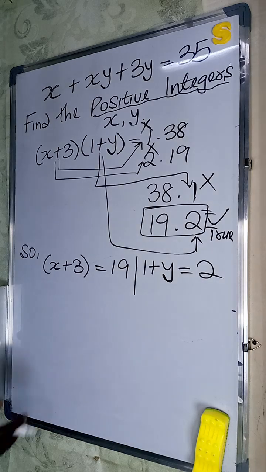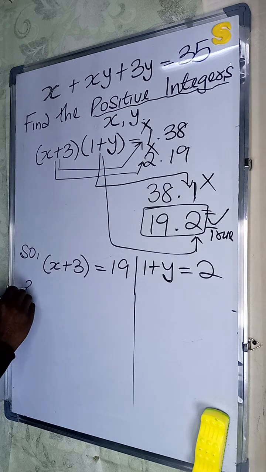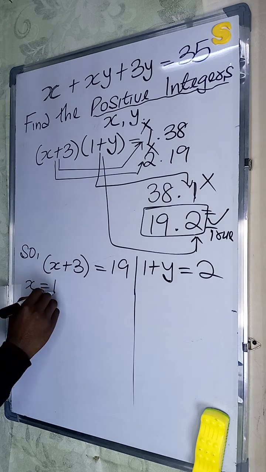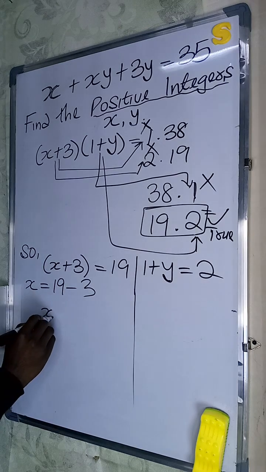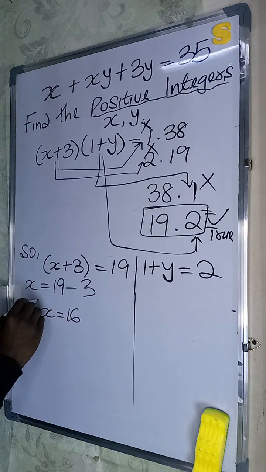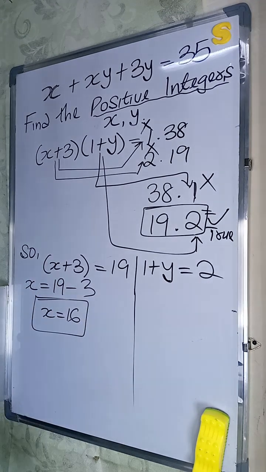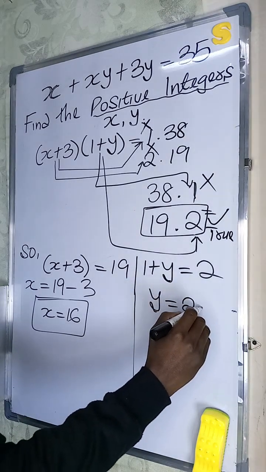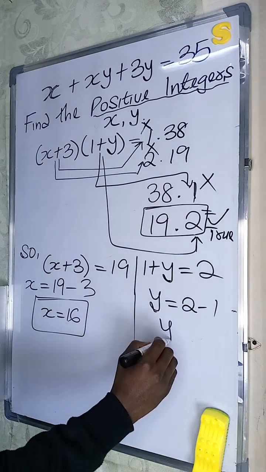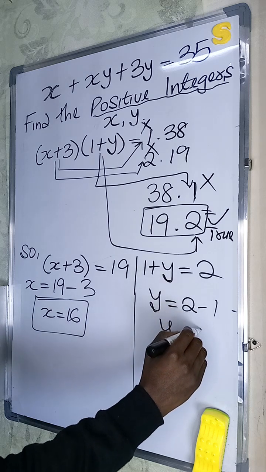We simplify this to get the values of x and y. Simplifying, x is equal to 19 minus 3, and then x is equal to 16. That's the value of x. Simplifying this, y is equal to 2 minus 1, and then y is equal to 1.